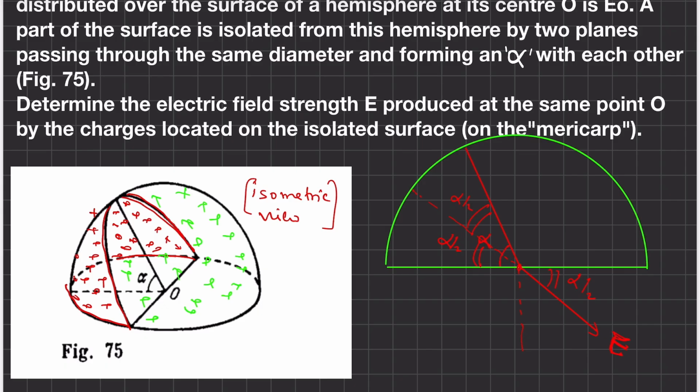And maybe some of you might ask, why, sir, is this the direction? So guys, if you have studied electrostatics, you have seen the electric field due to a circular arc. If you calculate the electric field at the center, the field going away or inward due to that arc always passes through the angle bisector.